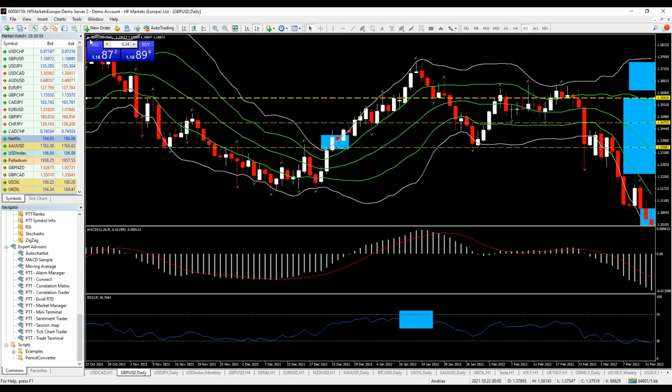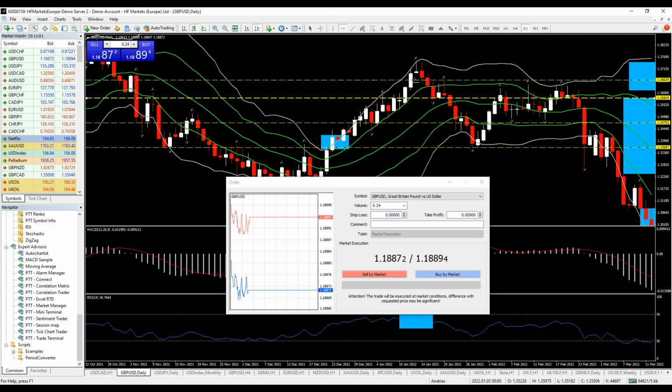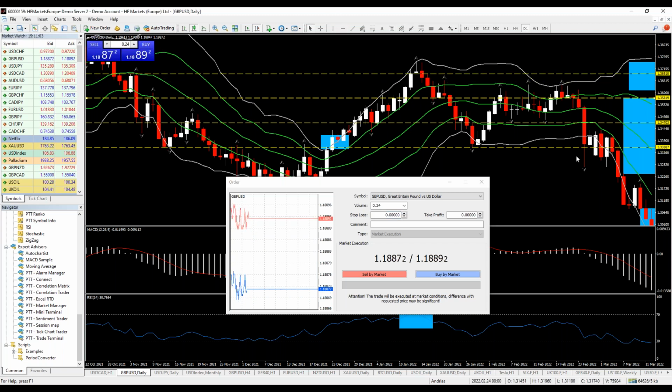So what you're doing is simply selling. Stop loss, let me find it again because I forget where it is. It was at 136.91.8. Target number 2 was 133.58, and click sell.